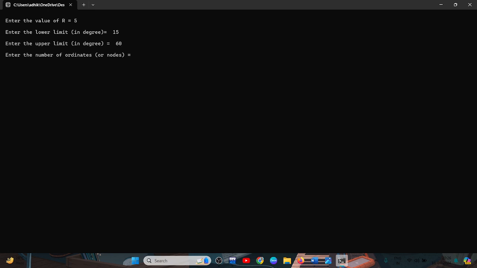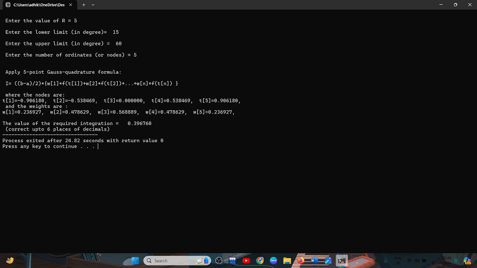Enter the number of ordinates or nodes. Here it is the 5-point Gauss quadrature formula, so we put the number of nodes as 5. So here we apply the 5-point Gauss quadrature formula. This is the formula, (b minus a) by 2 times w1 f(t1) and so on, where the nodes are t1, t2, t3, t4, t5 and the corresponding weights are w1, w2, w3, w4, w5.